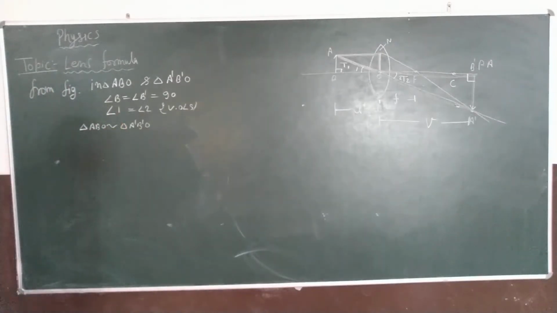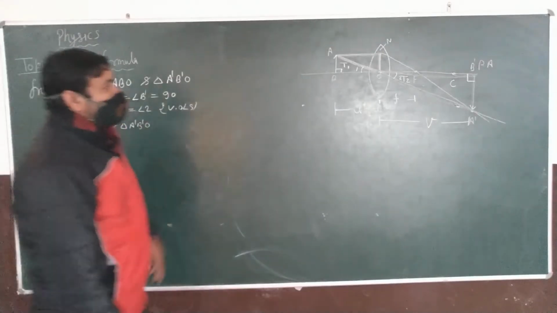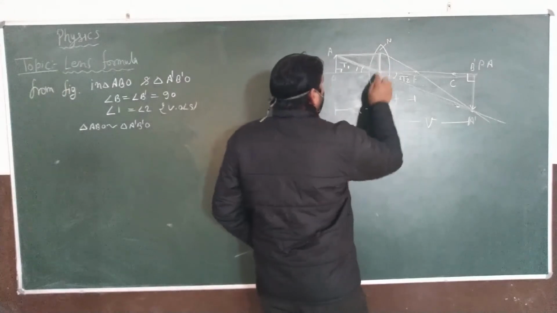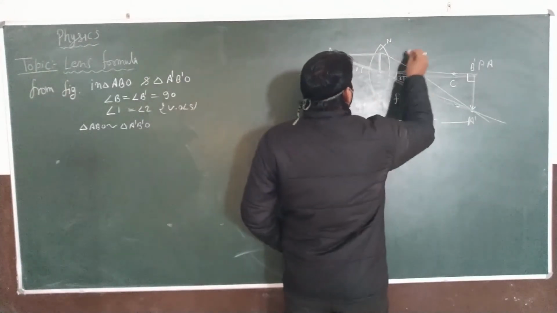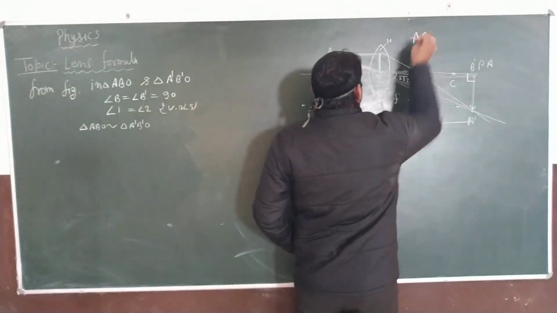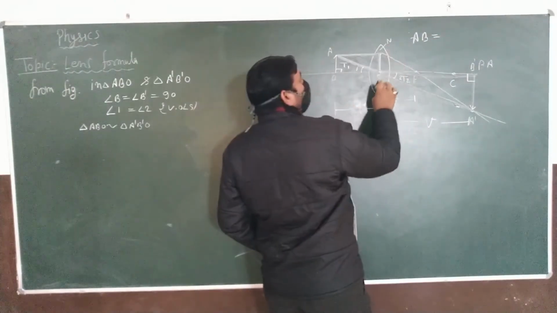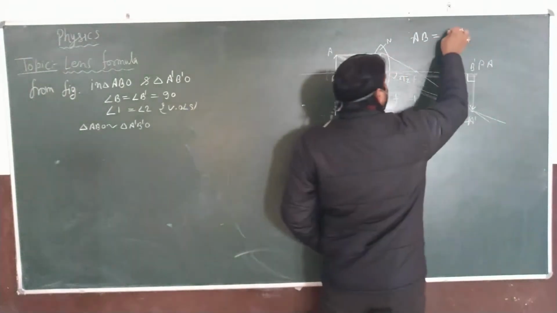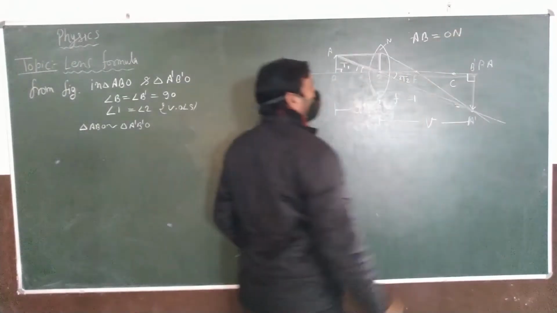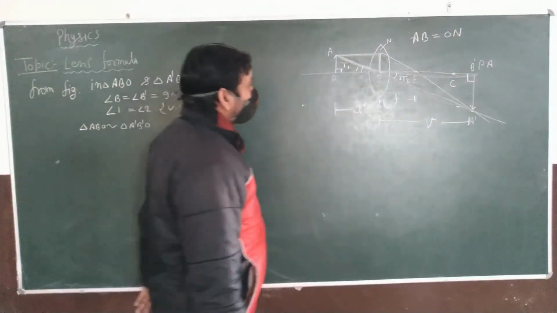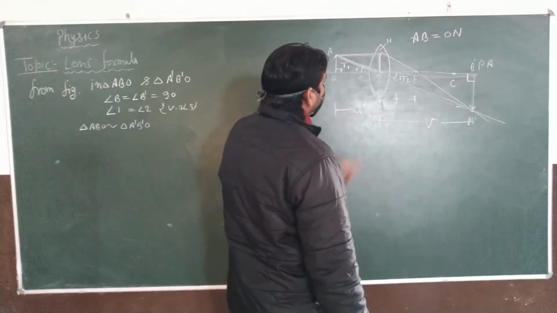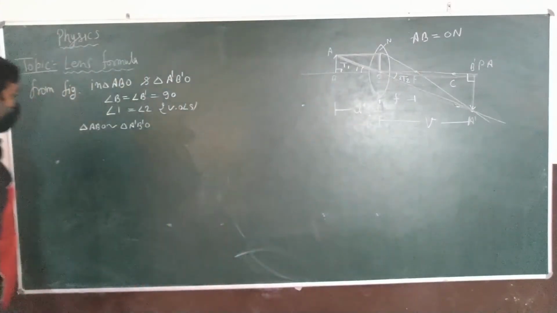Clear or not? Therefore, first here we have AB equal to OM. Clear? Okay?